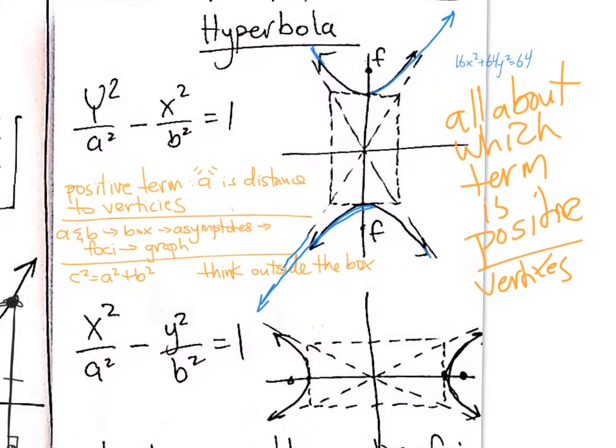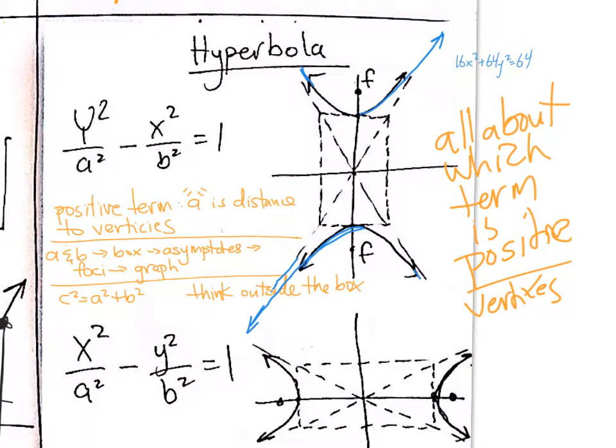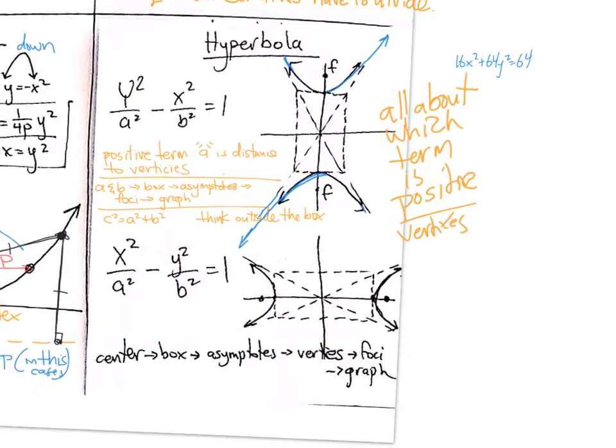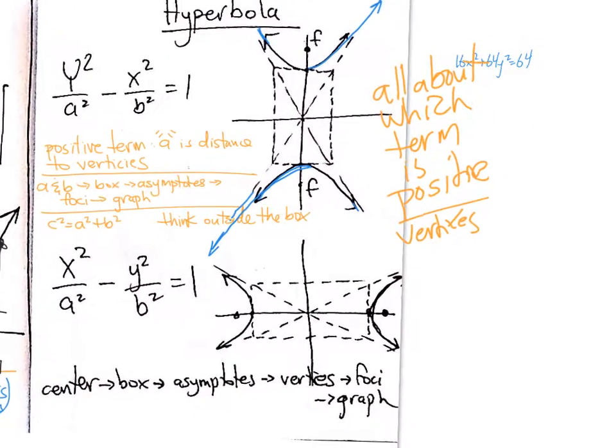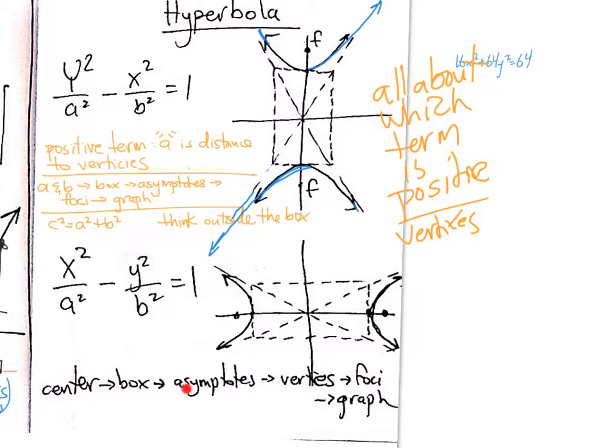I'm just trying to compare and contrast so we get all our facts straight and relate them to the other shapes. So the positive term, a, is the distance to the vertices. Here a is under y, here a is under x. A and b, I'm just phrasing it differently. These are steps we can use to graph. Figure out where the center is, which in this case would just be 0, 0.